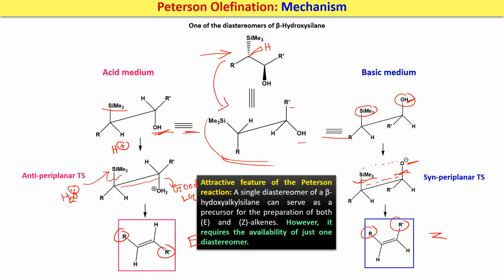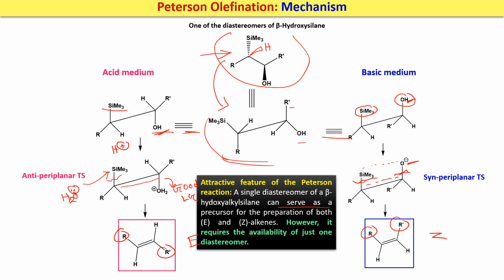So this is the attractive feature. A single diastereomer of beta hydroxysilane can be the precursor for the preparation of both E and Z. Depending on our requirement, we can choose the acidic or basic condition. But there is a disadvantage, or I will not say disadvantage, but what I am trying to say is that we must have just one diastereomer available, because if you have a mixture of diastereomers, for example when you have made this molecule starting from some other starting material, then from the mixture you cannot do this elimination.